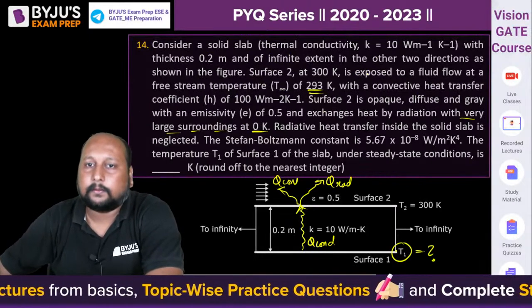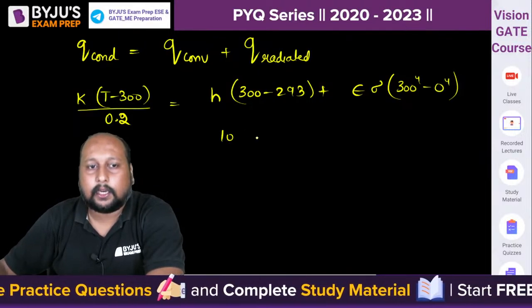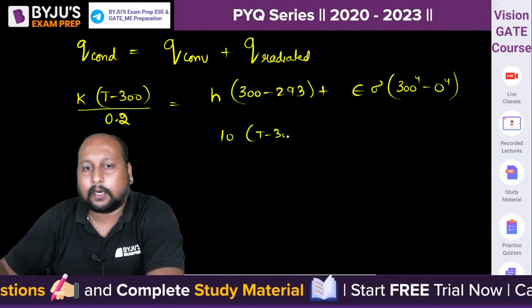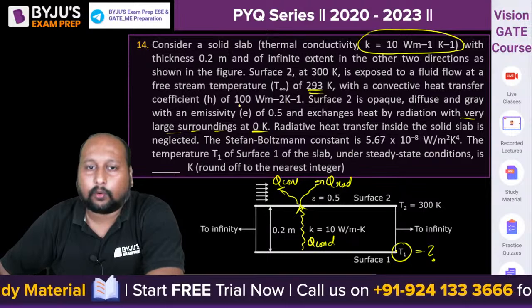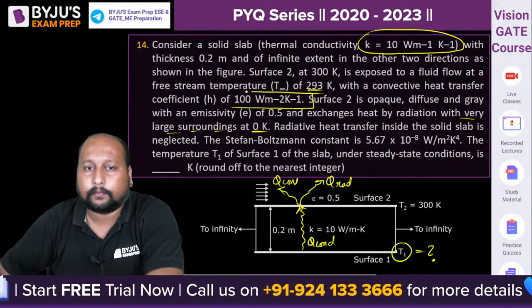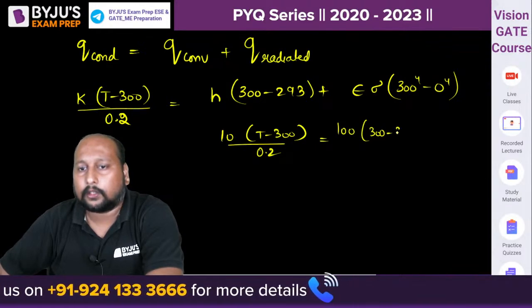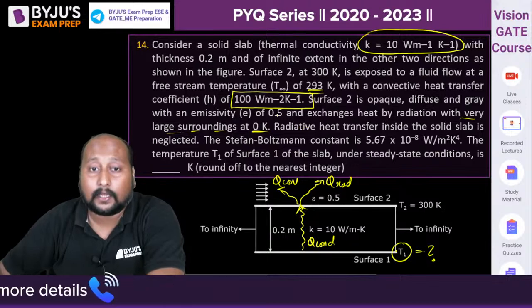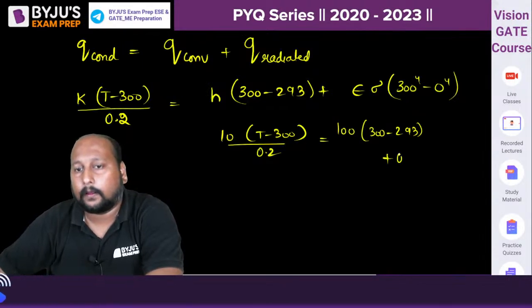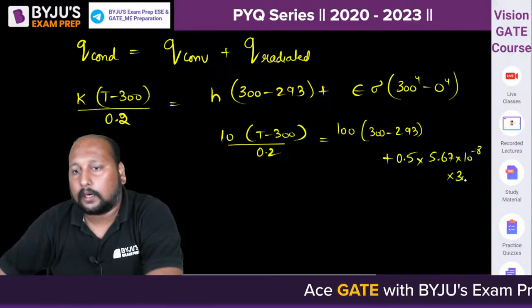K value is given as 10. So this is 10 into T minus 300 divided by 0.2 is equal to the convective heat transfer coefficient, 100, into 300 minus 293, plus emissivity 0.5 into 5.67 into 10 to the power minus 8 into 300 to the power 4.